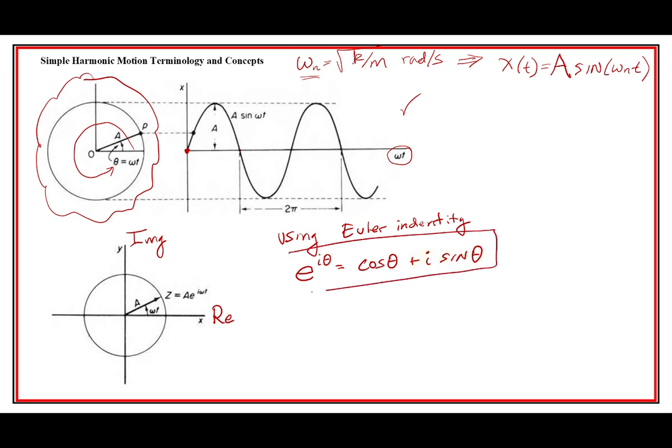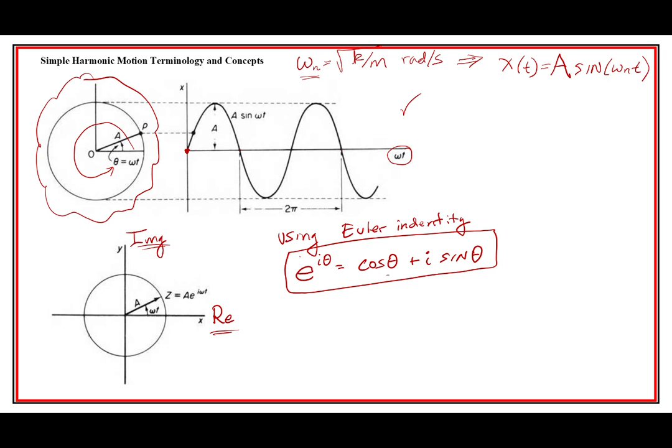Essentially, what we've done here is go from polar coordinates into Cartesian coordinates, because the real part of this is the x, and the imaginary part is the y.